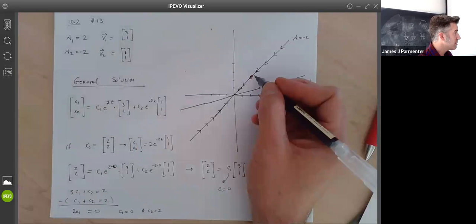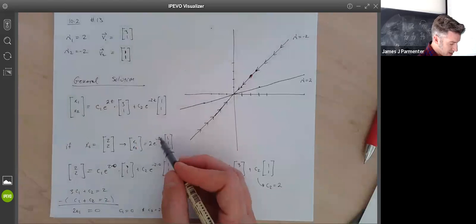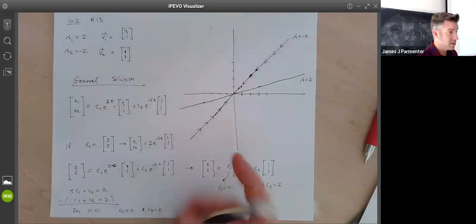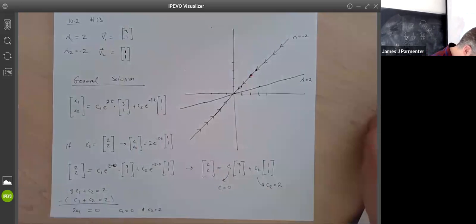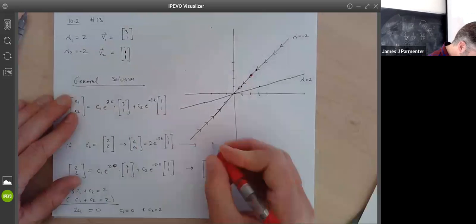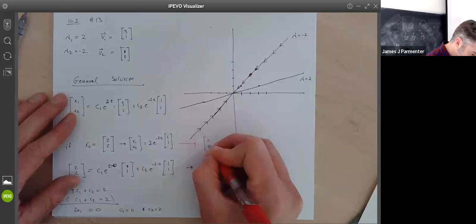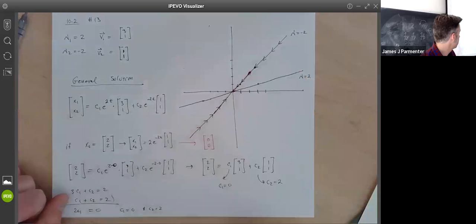But now look what happens. This is a negative exponent. What's going to happen as t goes to infinity here? Right. As t goes to infinity, e to the -2t goes to 0. So this whole thing is going to go to 0 times 1, 1. It's going to go exactly straight towards the origin.